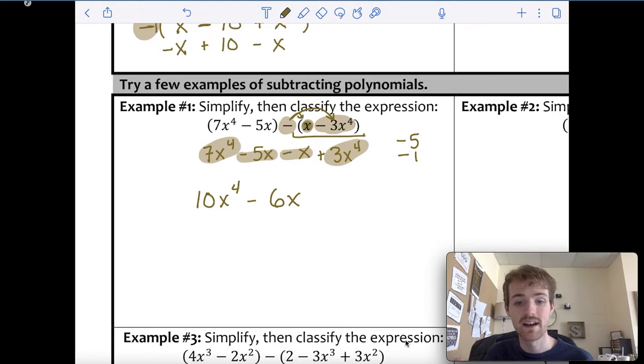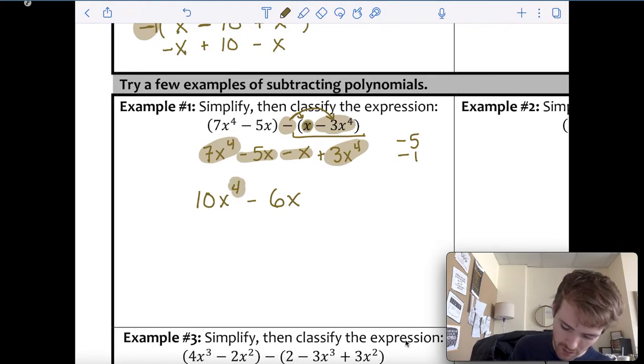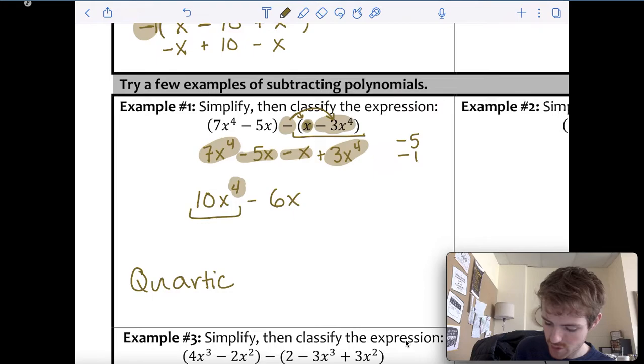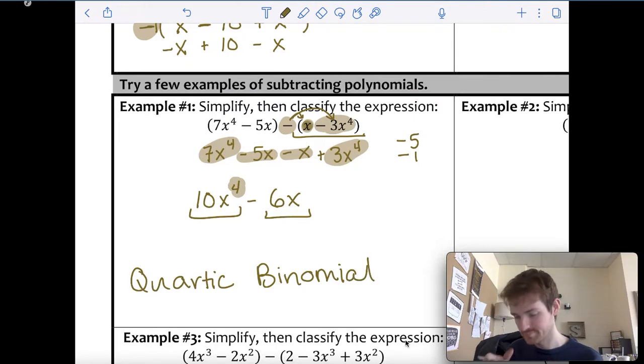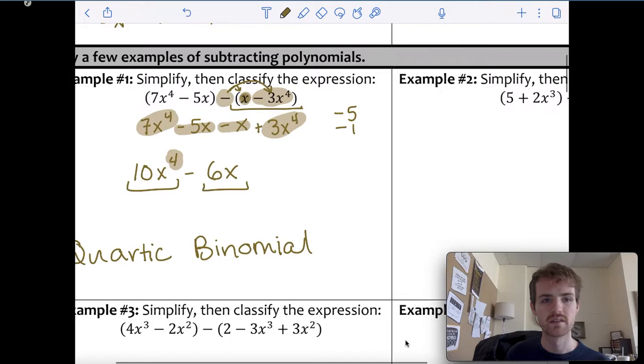When I classify this, my degree is 4. We call those quartics. And I have two terms, so that's a binomial. There is example 1.